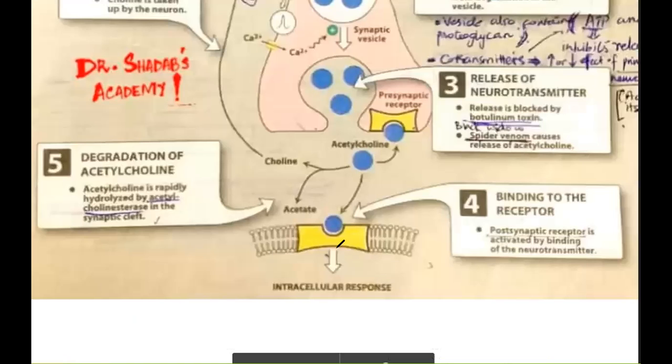For instance, this receptor can be muscarinic or nicotinic if the drug at this particular level is carbachol. So carbachol works on both muscarinic and nicotinic receptors.